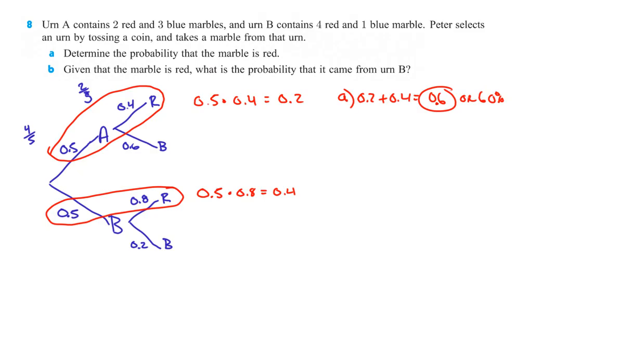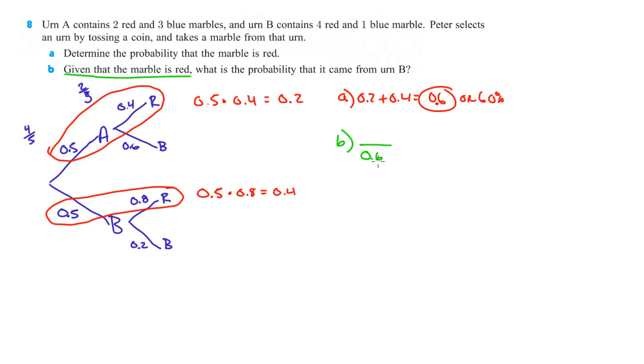Okay, for part B here, let's choose a different color. Part B. Given that the marble is red, what's the probability that it came from urn B? So for part B, we know for sure that it's a red marble. So given that the marble is red, this here is going to be our denominator. So what's the probability that it's going to be red? That's the 0.2 and the 0.4, which we just figured out in A. So the denominator here is going to be 0.6, because we know that it has to be red.